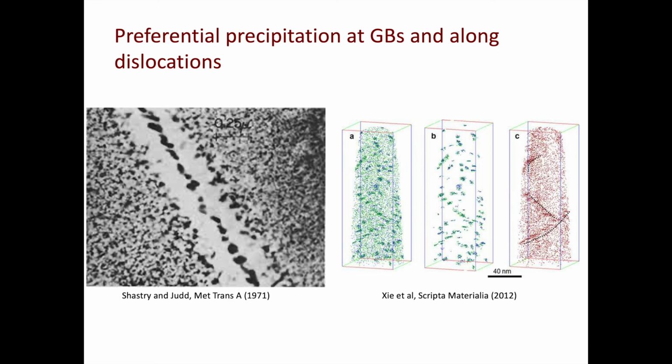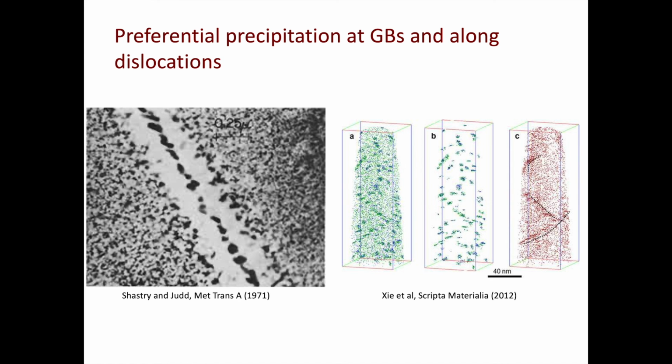We talked a lot on the precipitate growth, but little on the nucleation. Here we have one slide to quickly describe nucleation of precipitates. Like any nucleation events, heterogeneous nucleation is much easier than homogeneous nucleation.